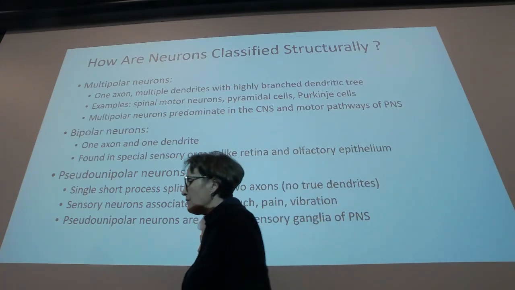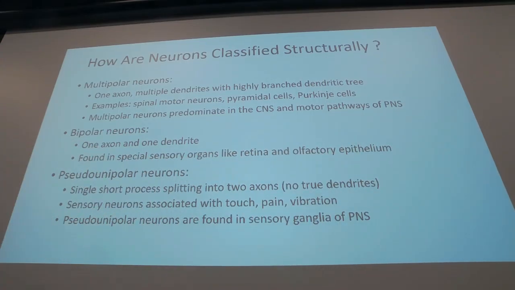And then we have some neurons that look like they have only one extension, which are called pseudo-unipolar. Pseudo means false. This extension that these neurons have is a short process that splits into two axons, and it doesn't have true dendrites. Those are the pseudo-unipolar.